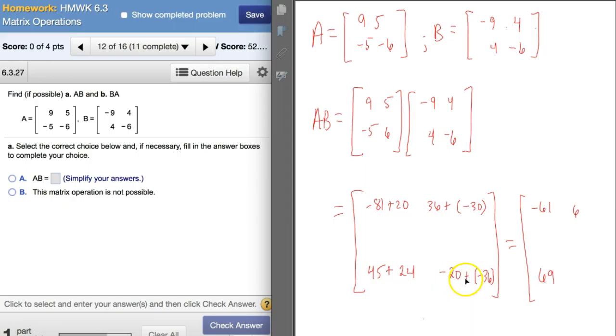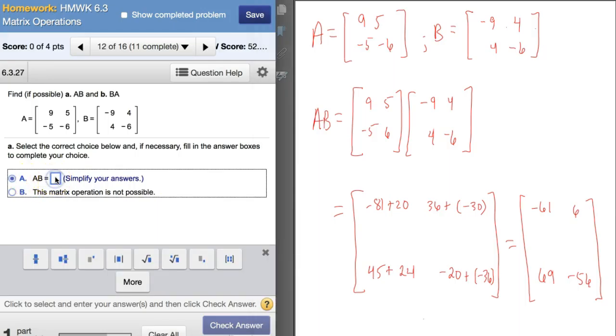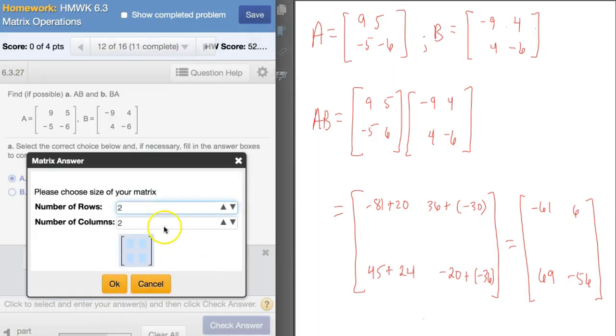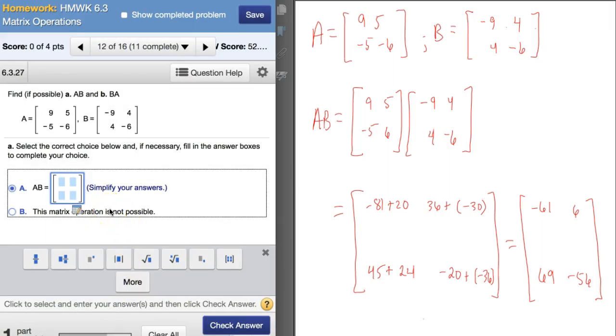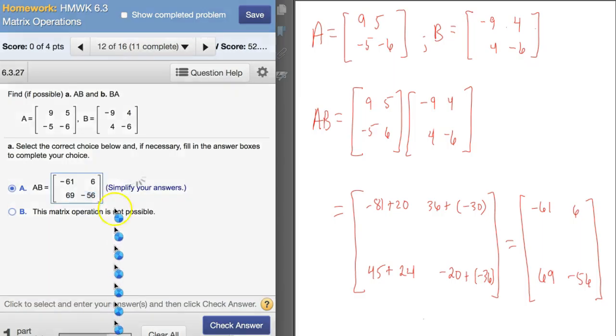And negative 20 plus a negative 36 is a negative 56. And that should be what our resulting matrix of A times B is. So this would be a 2 by 2: negative 61, 6, 69, and negative 56.